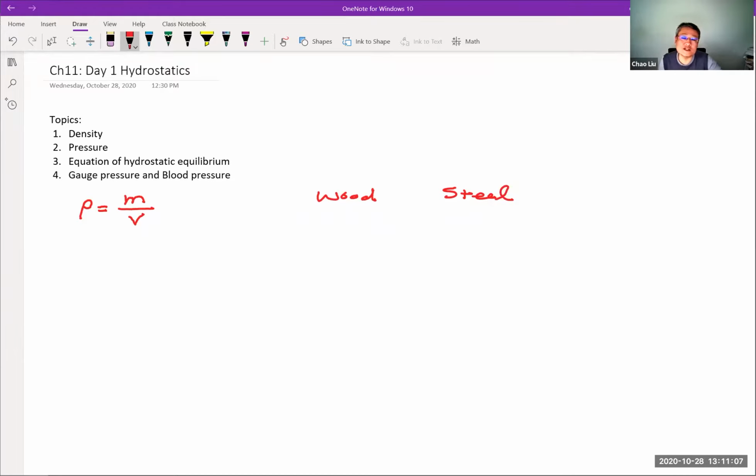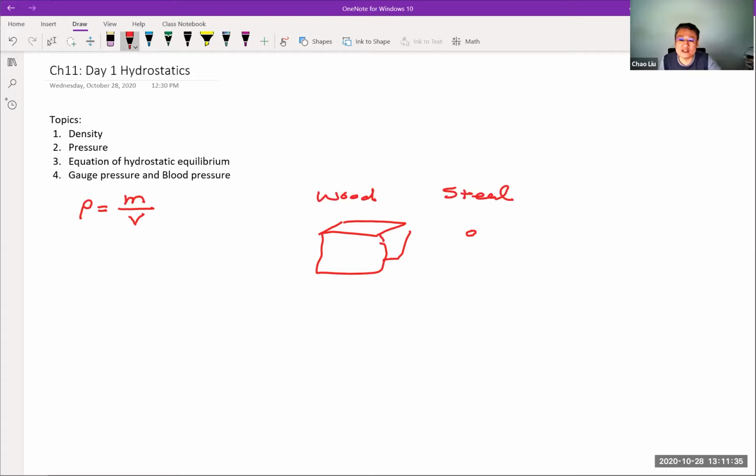This question is not actually a well-defined question, and the reason is this. If I have a piece of wood like this, but I have a steel just like this, then steel is not going to be heavier than the wood, right? What I'm missing here is I didn't tell you the size of the object.